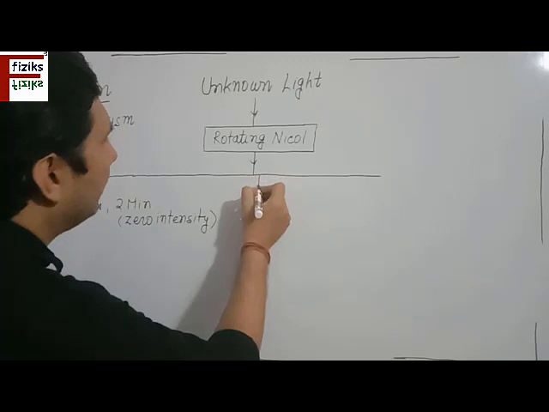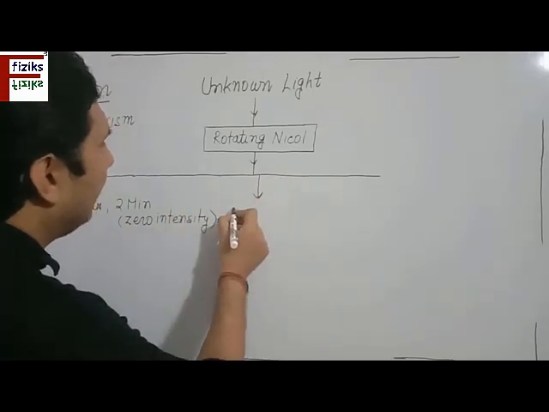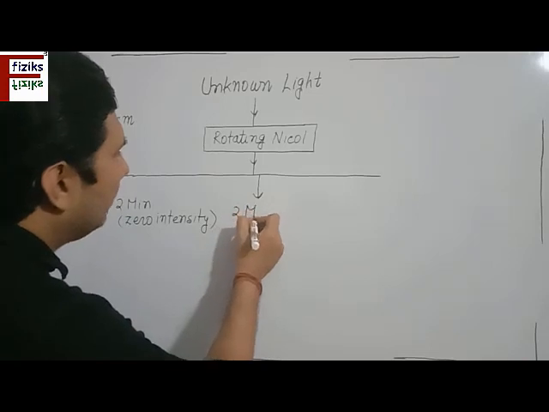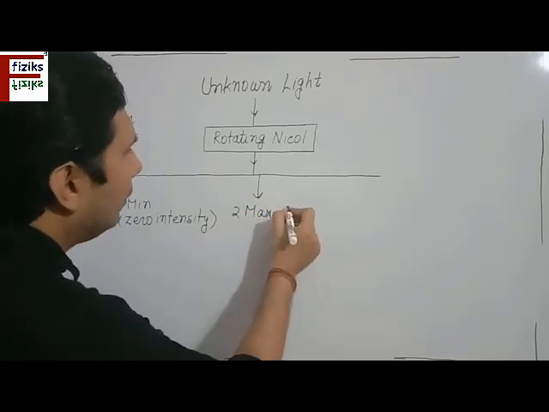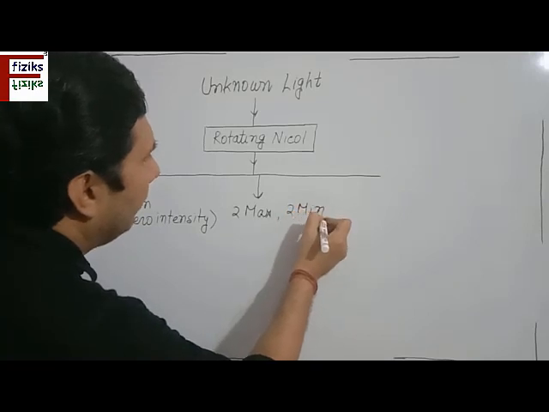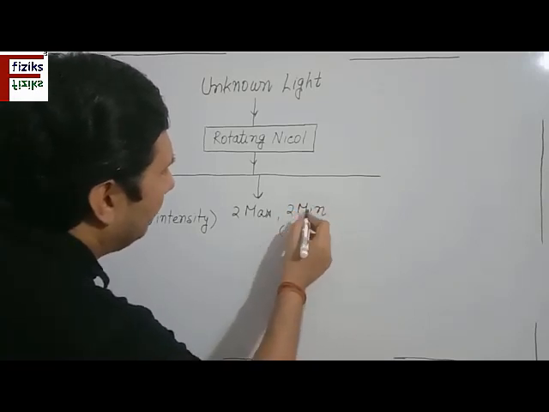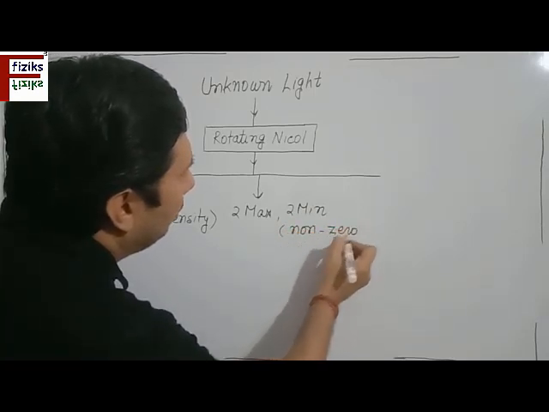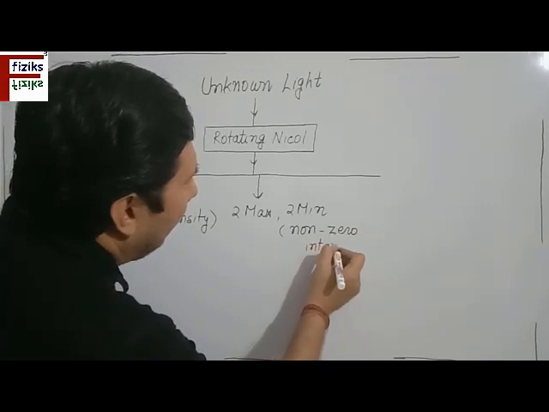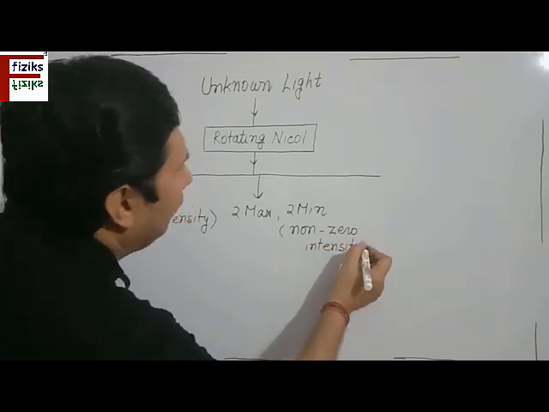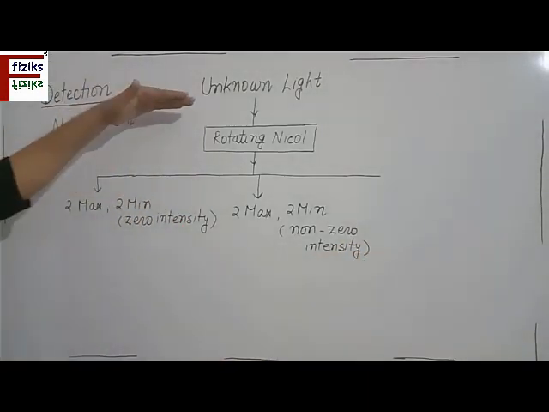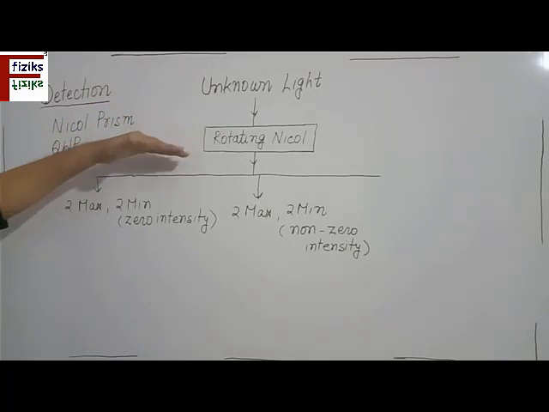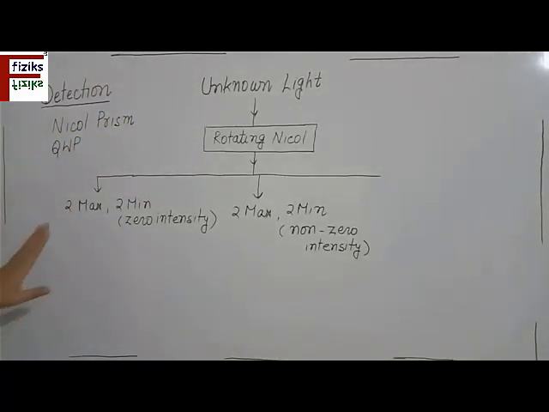There can be another situation, and in this situation we can obtain two maximas and two minimas again, but here these minimas will be non-zero intensity. Here we will get minimas, but their intensity will not be zero. So what we are saying is that when unknown light is passing through rotating Nicol, then on the emergent side we can get two intensity maximas and two minimas with zero intensity.